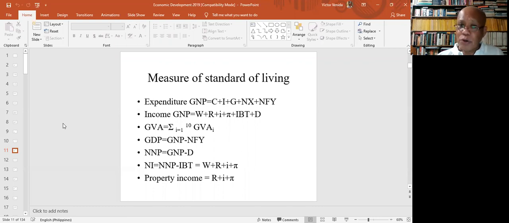And this is an important concept because if the net national product is much smaller than the gross national product, it means a lot of businesses are actually spending more on maintaining their existing machinery, buildings, equipment, land improvements, and the like. In other words, they are not investing in new capital. They are not investing in new machinery, new buildings, new equipment, which suggests that their production capacity will not be increasing in the next couple of years.